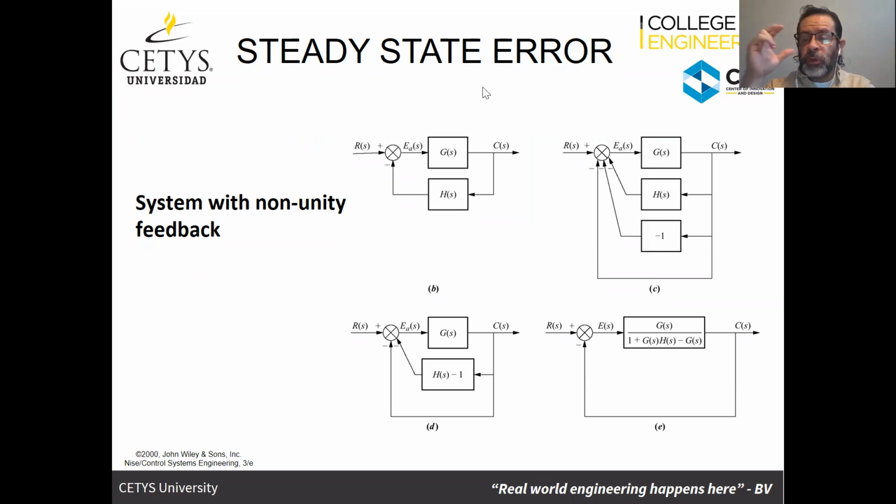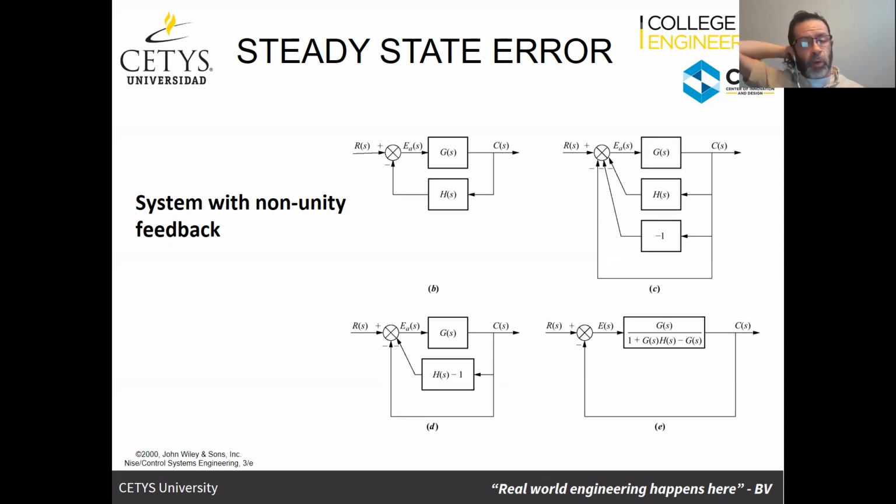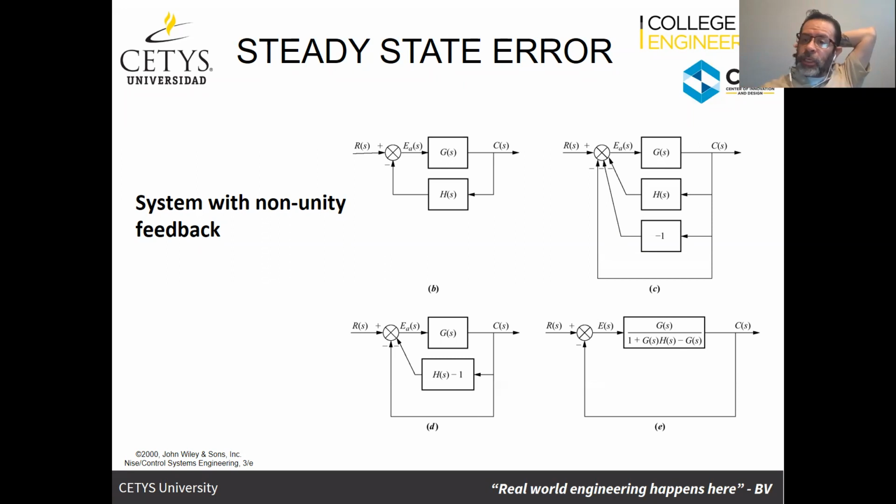The steady state error formulas that we derived were based on a unity feedback system. So what happens when we have a non-unity feedback system?